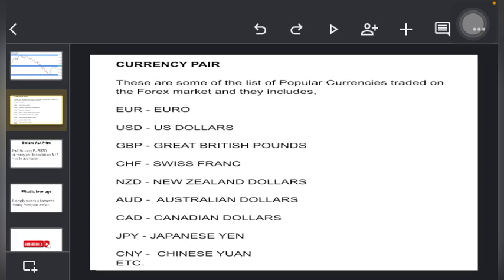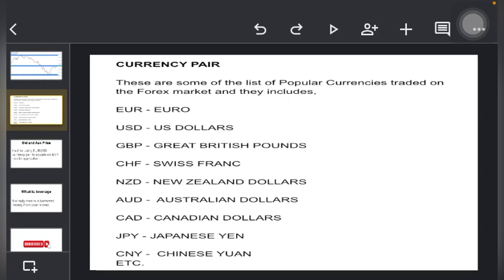Now, if you hear the words currency and pair, what do they mean? Currency simply means money in any particular country. It can be euro, US dollar, or Great British pounds.